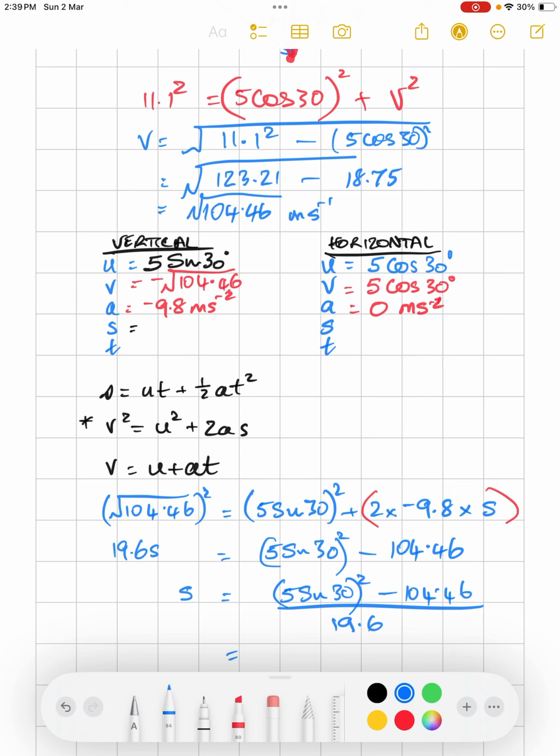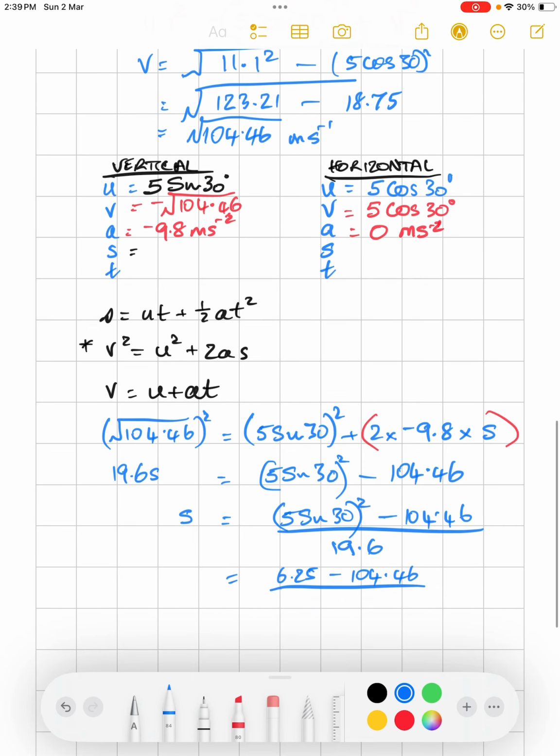So let's put that in a calculator. So we've got 5 times sine of 30, and that's 6.25, minus 104.46, and divide that by 19.6, we get negative 5.0107 meters.